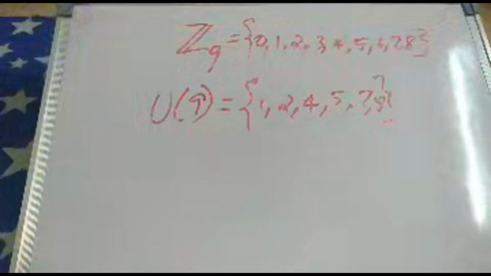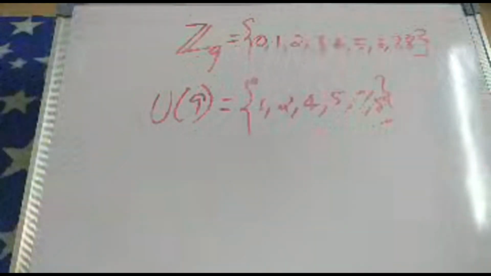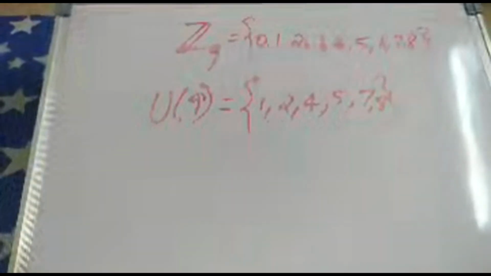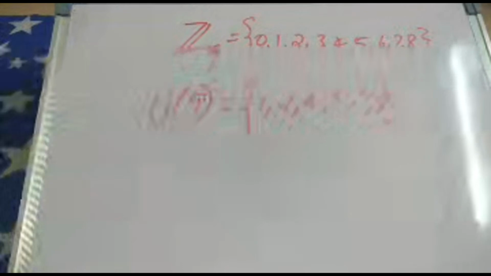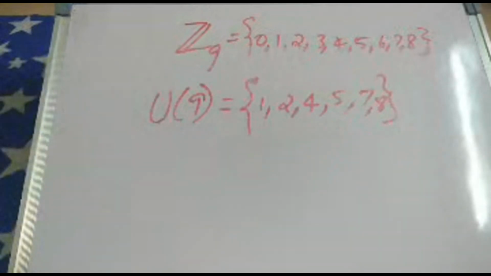I think I am right. So U of 9 will have these many elements: 1, 2, 4, 5, 7, 8.